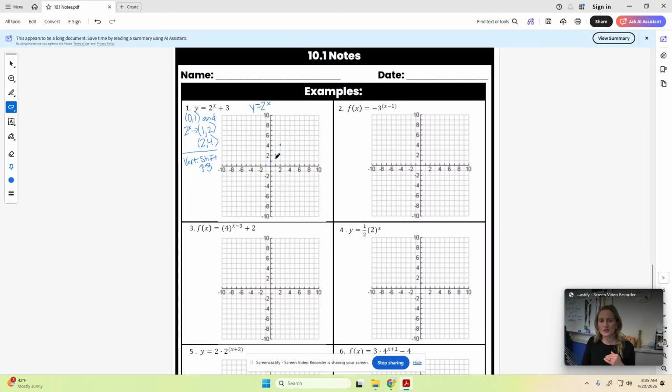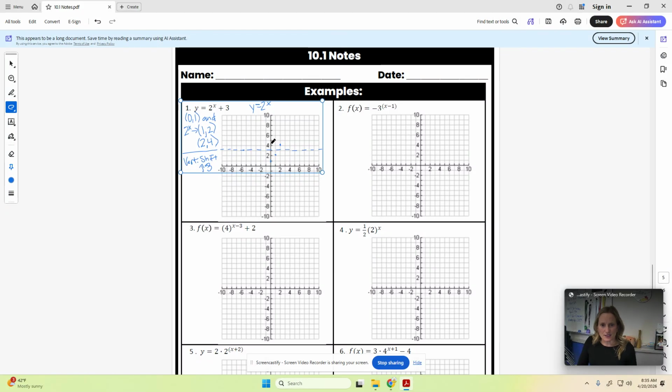My y-intercept is going up 3, but my asymptote is also moving up 3. Exponential functions normally have an asymptote at y equals 0. For this graph, it's getting moved up to 3. I'm going to draw that in as a dotted line, and then I'm just going to count up 3.